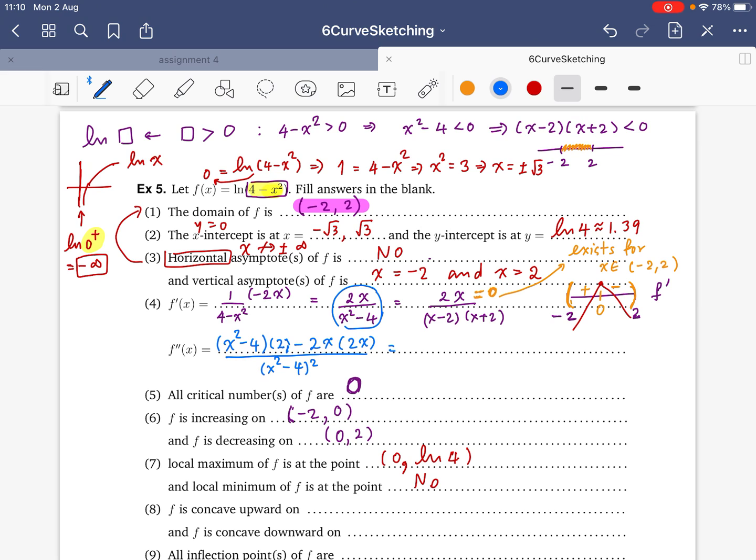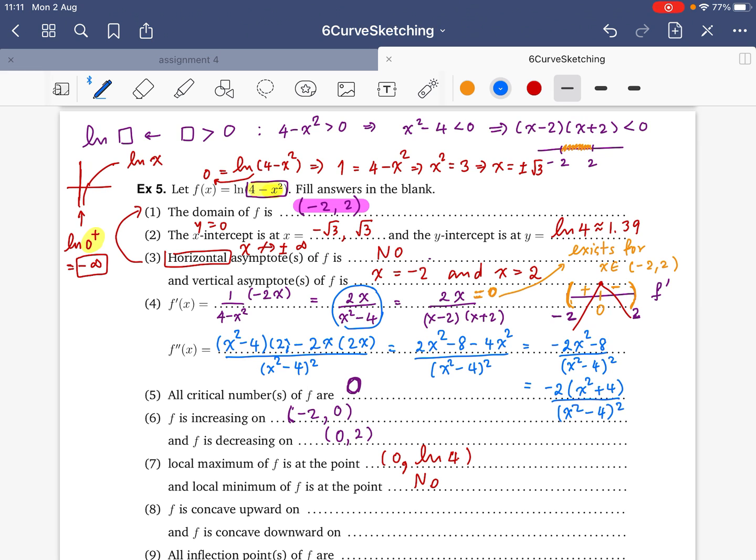So here we have 2x squared minus 8, and then minus 4x squared, over this whole thing squared. So you get negative 2x squared minus 8 over x squared minus 4, squared again. You can pull out a common factor, which is -2, and then you have x squared plus 4 over x squared minus 4 squared.